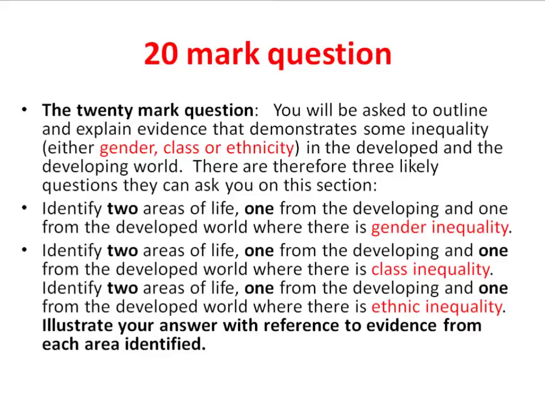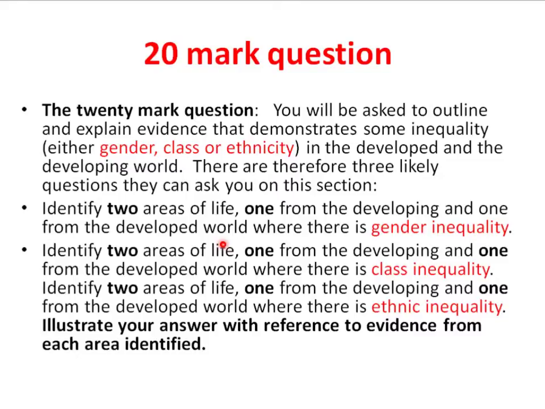The 20-mark question is the most predictable section of the exam. So you're going to be asked on this question to outline and explain evidence that demonstrates some form of inequality. So either gender, class or ethnic inequalities in both the developed and the developing world. So you've got to pick 2 areas of life, one from poorer countries, so that's the developing world, and then the other different area of life that you've got to focus on is from the developed world, from richer countries such as our own.